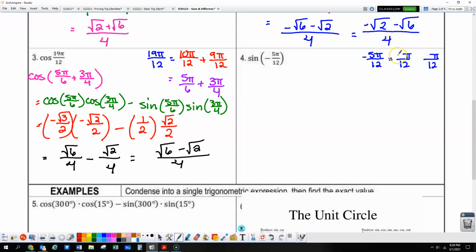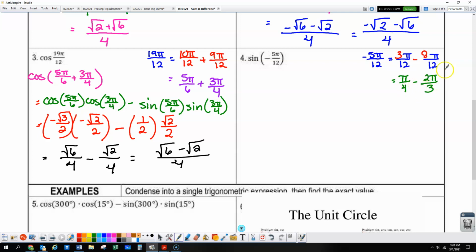Let's try 3 pi minus 8 pi, right? 3 minus 8 would give me negative 5. But then whenever I simplify these, 3 pi over 12 would simplify to pi over 4. And then 8 pi over 12, if I divide by 4, that'd be 2 pi over 3.